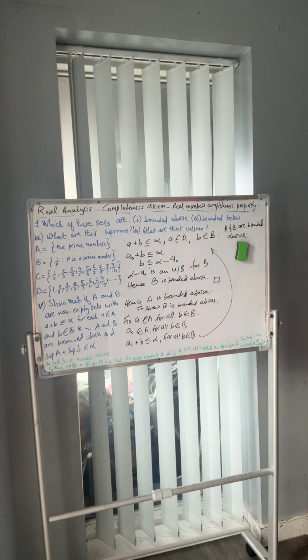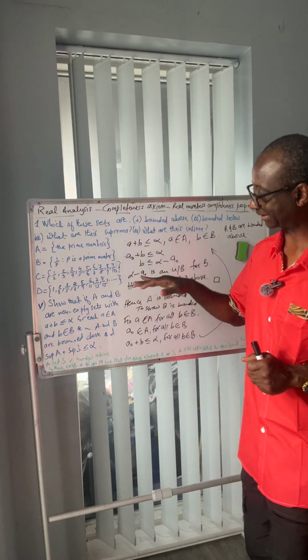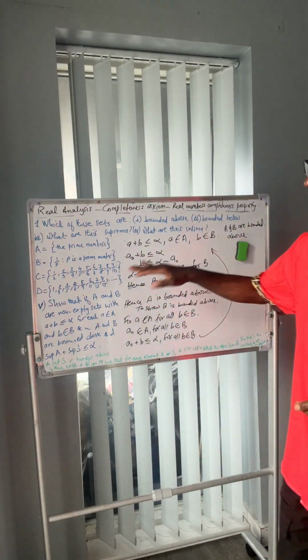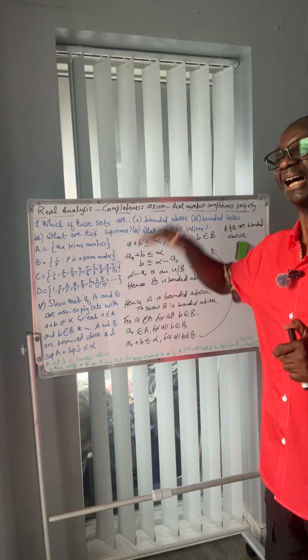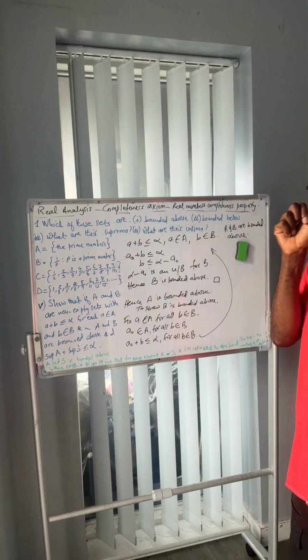What we have done here is a simple trick. To prove that a set is bounded above, we only need one upper bound. When you want to prove that a set is bounded above, you only need one element that is higher than the rest of the elements in the set.